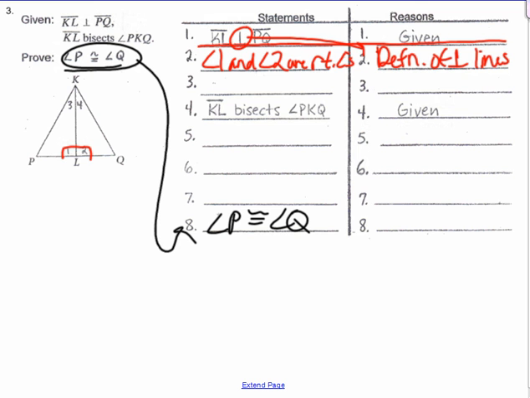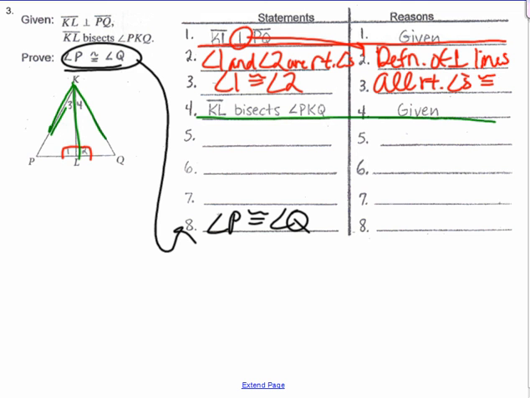Well, that's not a congruent statement, so I stay with red. And I notice if angle 1 and 2 are right angles, then they must be congruent because all right angles are congruent. Now that I have a congruent part, I move on to green. I have KL bisecting angle PKQ.